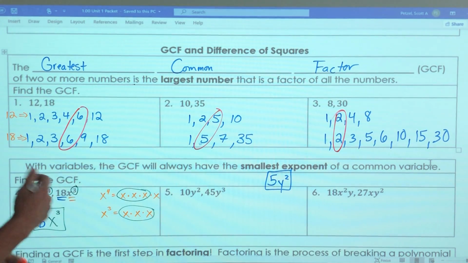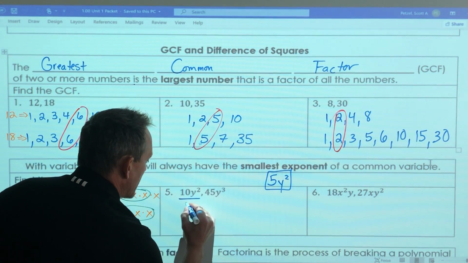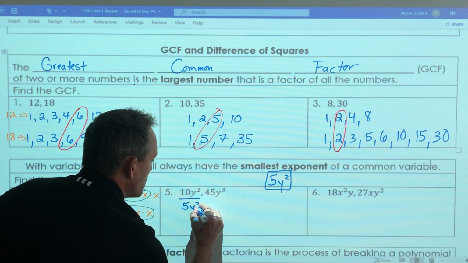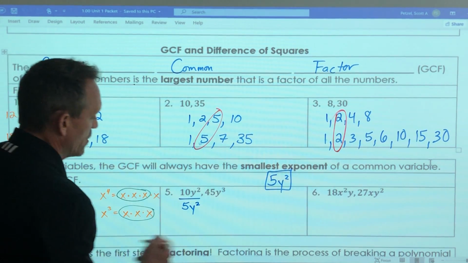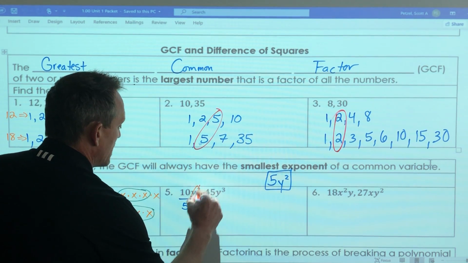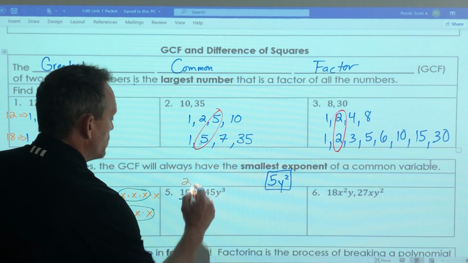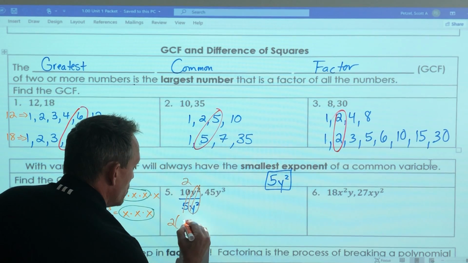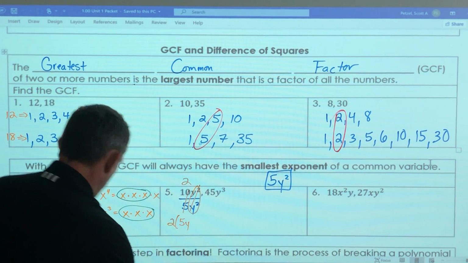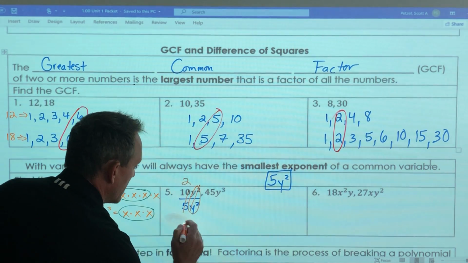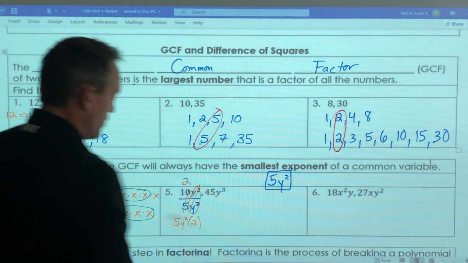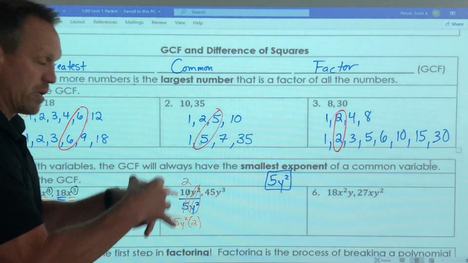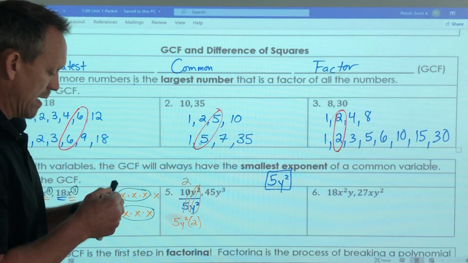So basically, if I factored out a 5y squared, it has to have it in it, okay? So those would cancel, and this would be left with 2. So this would be technically 5y squared times 2. If I multiply that back together, that would be 10y squared.